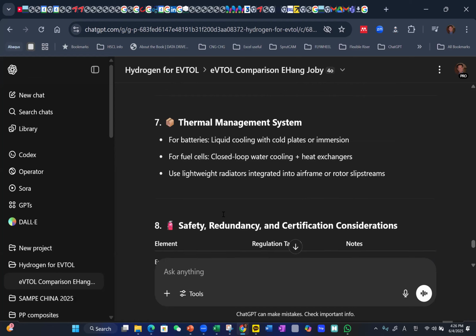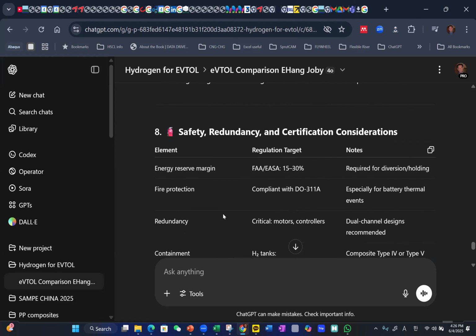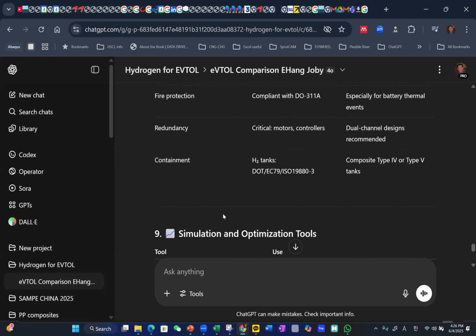I don't want to go through all the directions of designing a hydrogen power system, but I'd like to give you the idea of the power system of an eVTOL using hydrogen systems.